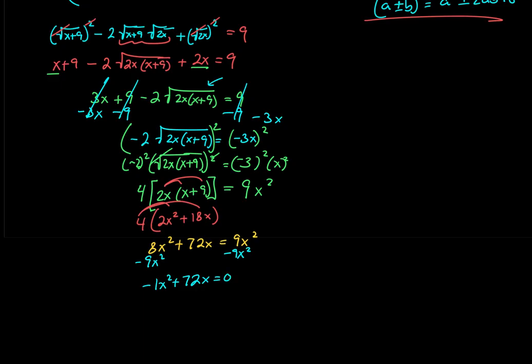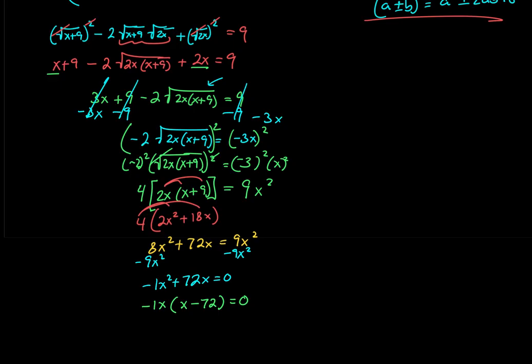And then since it's a quadratic and there is no c term, it will just be easier to factor this and solve it that way. So the common monomial in both terms is negative 1 and also an x. So if I pull out negative 1x, I will have a positive x minus 72, and all of that's going to be set equal to 0.